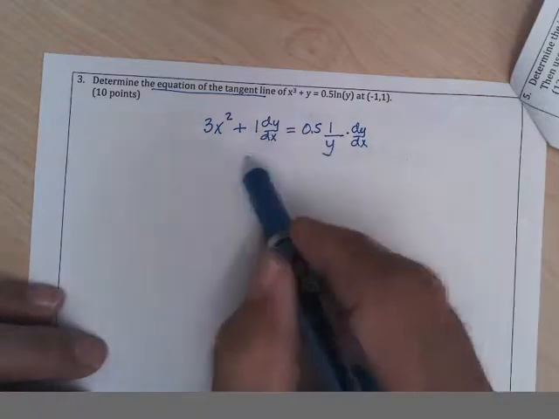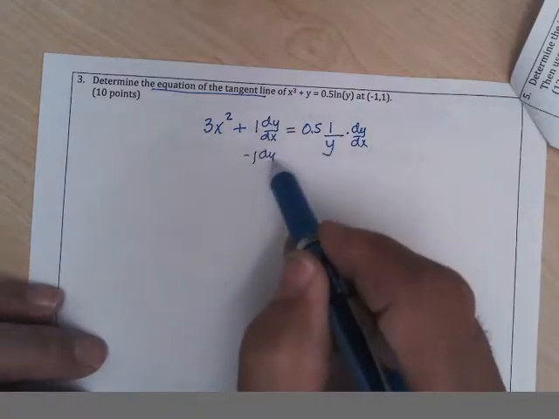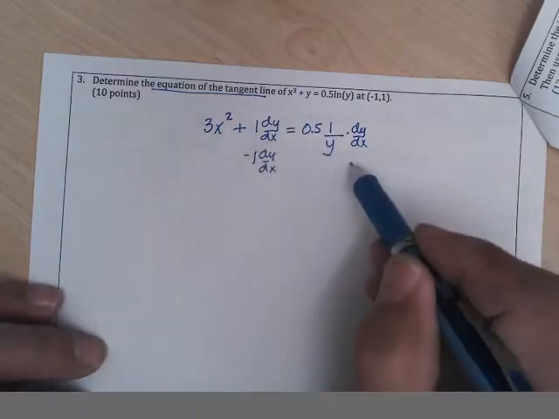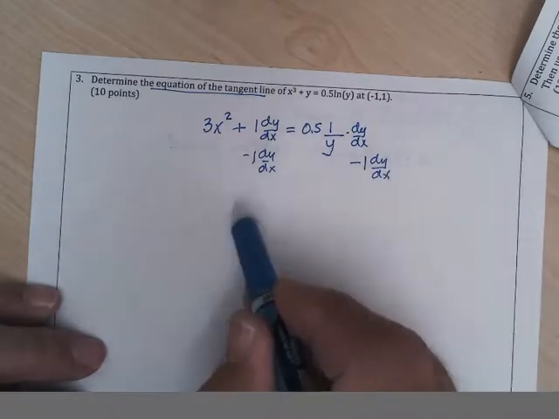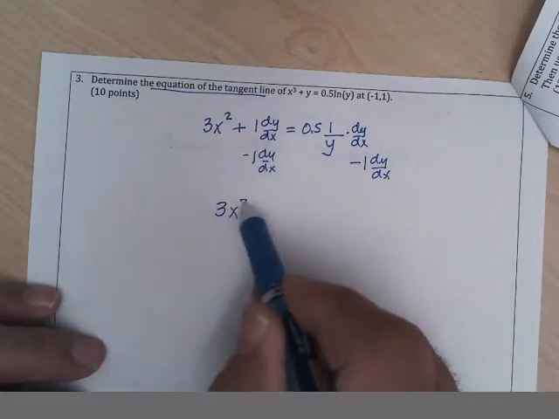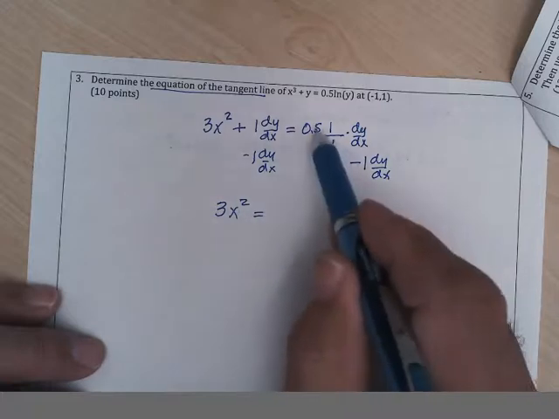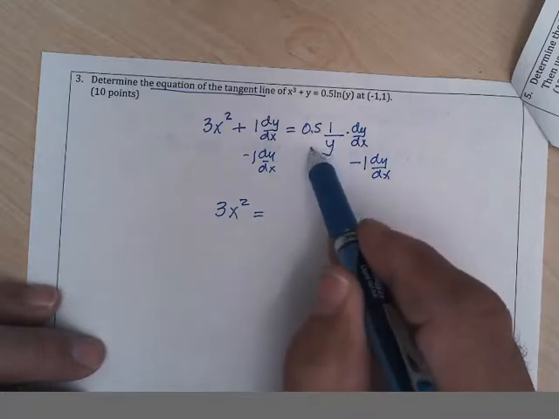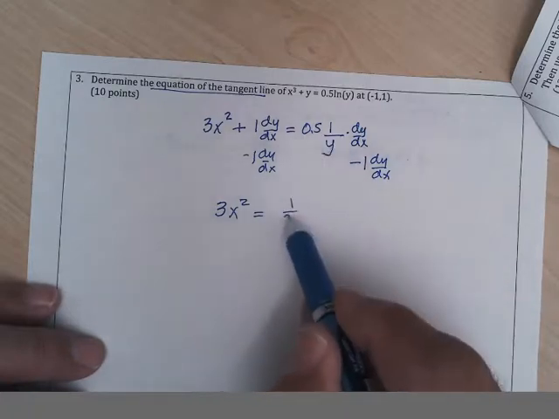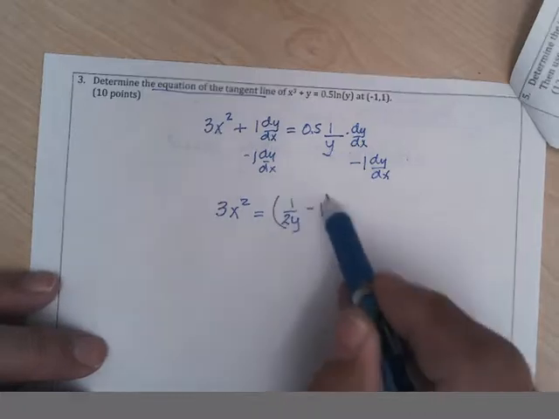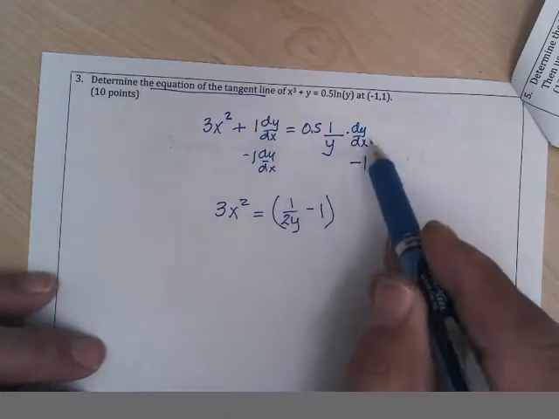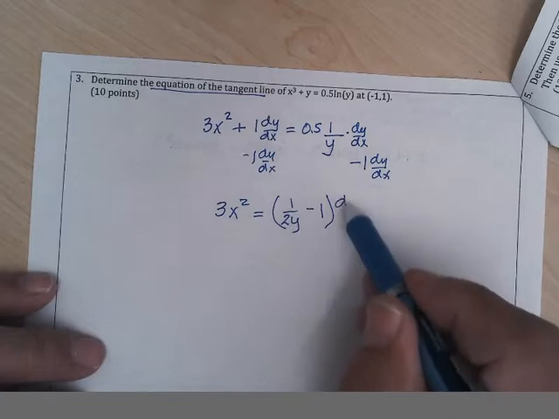But we subtract 1 dy dx from both sides, and so we get 3x squared equals, I'm going to call this 1/2, so it's 1 over 2y minus 1. Both of those are times dy dx.